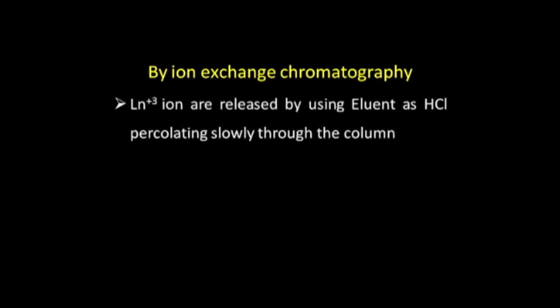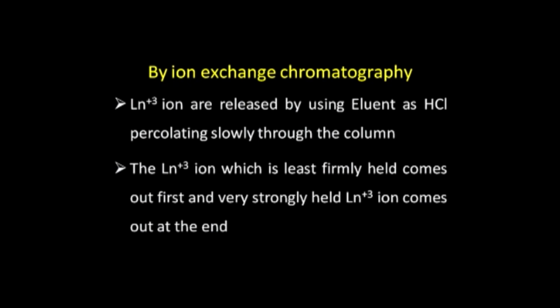The lanthanum +3 ions are released by using HCl as eluent percolating slowly through the column. The lanthanum +3 ion which is least firmly held comes out first, and very strongly held lanthanum +3 ions come out at the end of the treatment with the eluent.